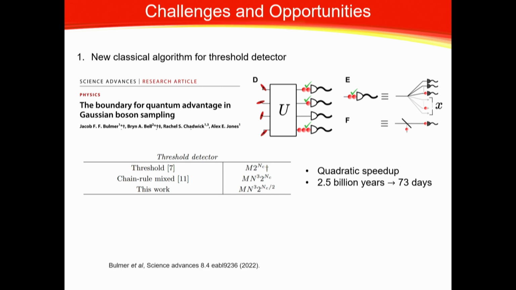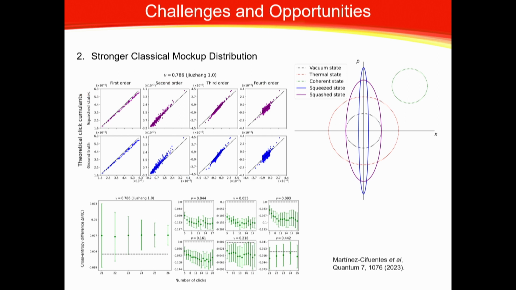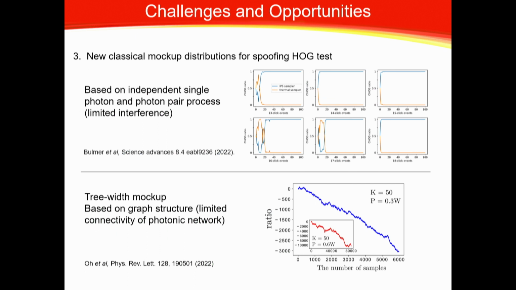So it's pretty amazing. And also, there are stronger mock-up distributions. So people designed a better hypothesis of a classical version of the experiment, which behaves actually quite close to our first generation experiment. So this means we need to do a better experiment. And also, very interestingly, people developed some mock-ups that can spoof our validation tools.